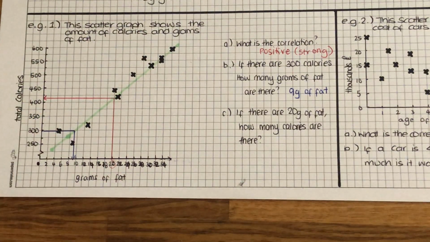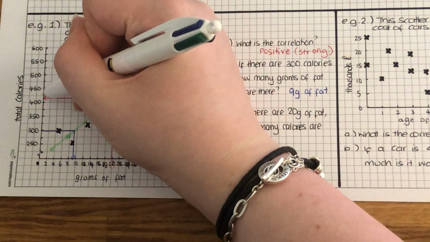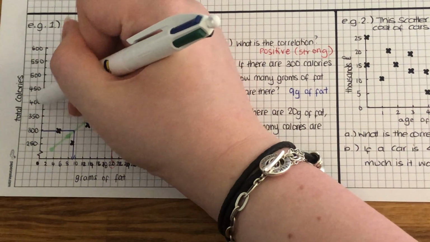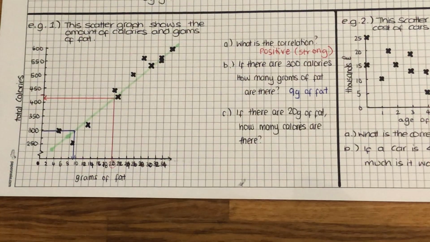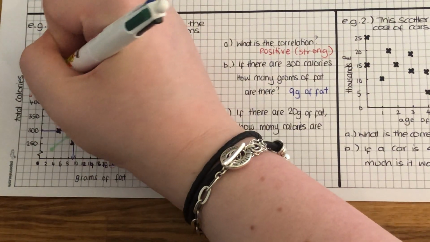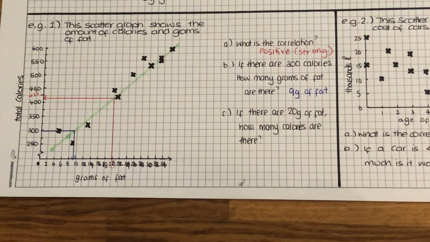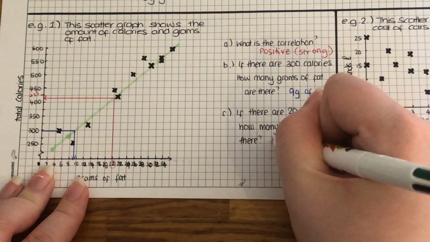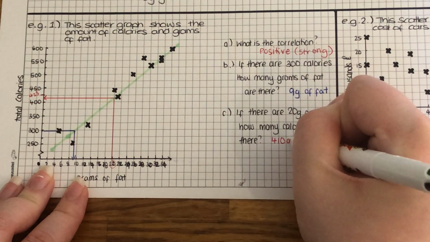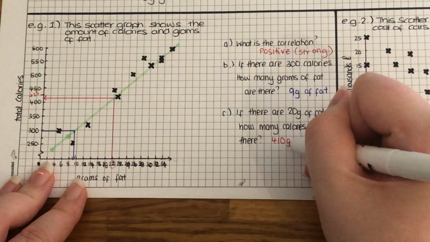Now I can't tell exactly how many calories that is, so you are allowed to estimate a little bit. I know that halfway here must be half between 450 and 400, so that would be 425, and it's probably about halfway through that, so I'm going to go for 410 calories.